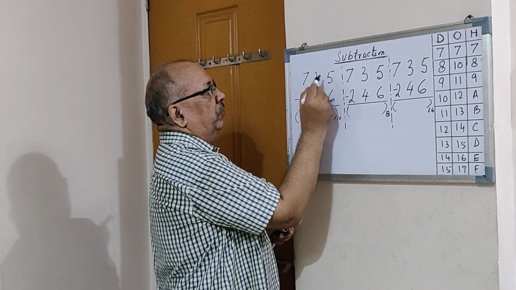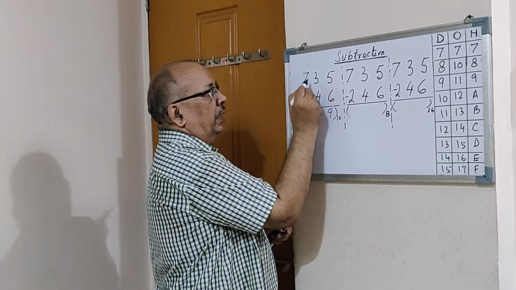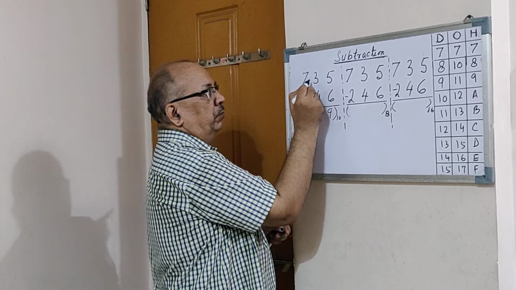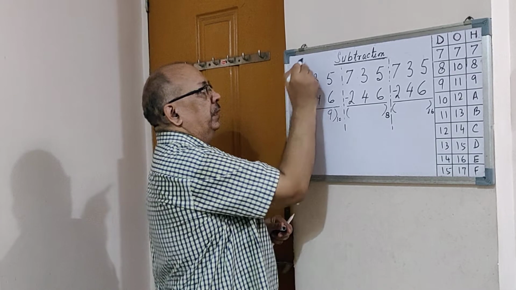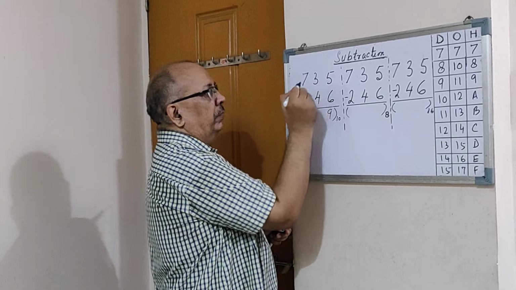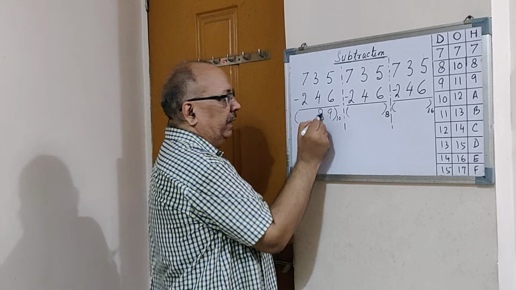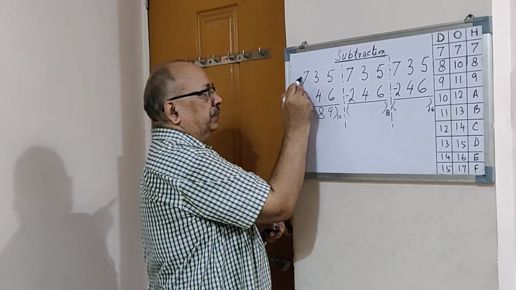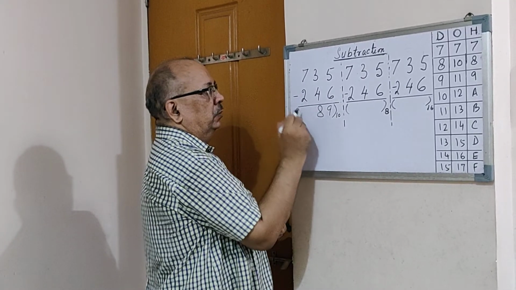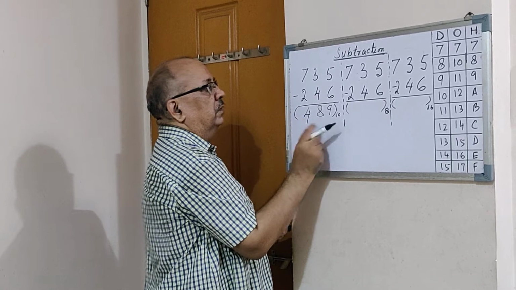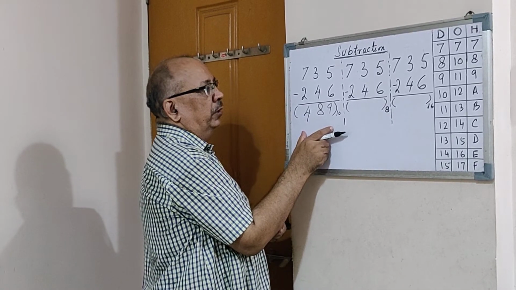Since 1 is taken from it, 3 becomes 2. Again, subtracting 4 from 2 is not possible. We will make it 12. From 12, when you subtract 4, we get 8. Now it becomes 6. 6 minus 2 is 4. This is subtraction in decimal, which you already know.